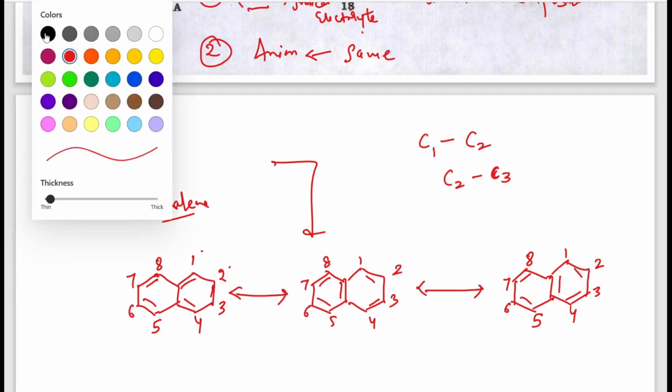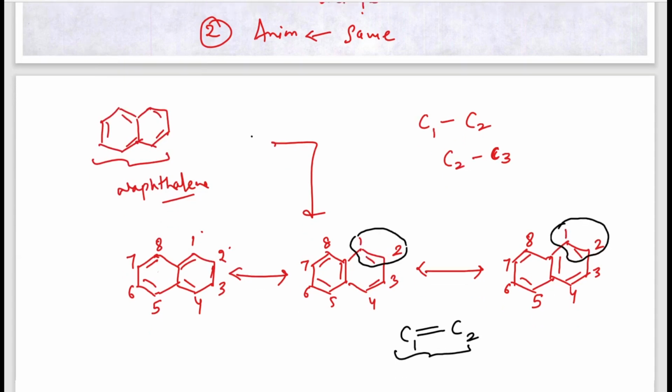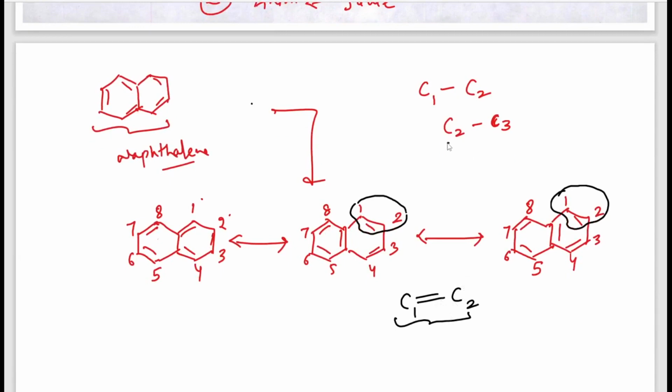Overall, in three resonating structures, two resonating structures have a double bond between carbon 1 and carbon 2. One is this, one is this. But if we compare the bond order of carbon 2 and carbon 3 in the three resonating structures, here is a double bond, this is single, this is single.